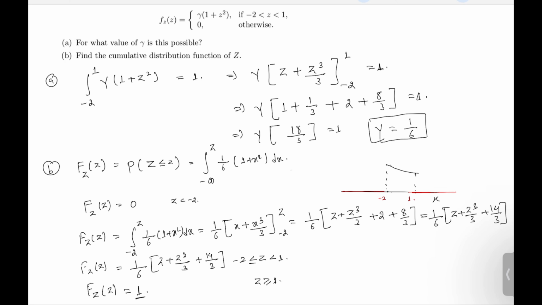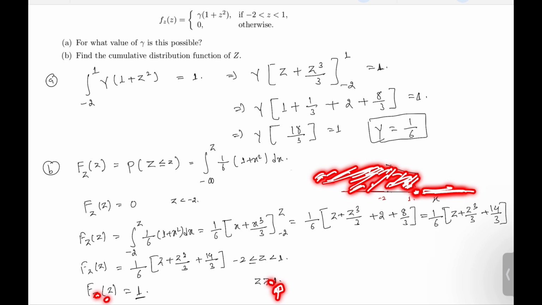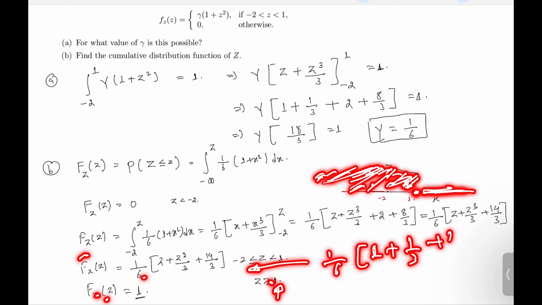Even if you put z equal to 1 in the CDF, that means you have accumulated all the probabilities till here, because beyond this we have 0 probabilities. So if I find the value of this CDF at z equal to 1, it should give me the total probability, that is 1. You can put in 1 divided by 6, 1 plus 1 divided by 3 plus 14 divided by 3.